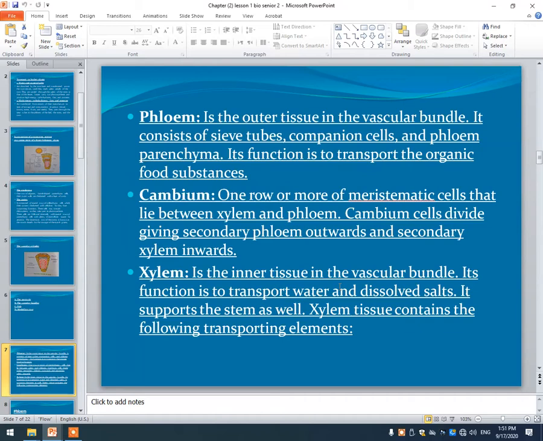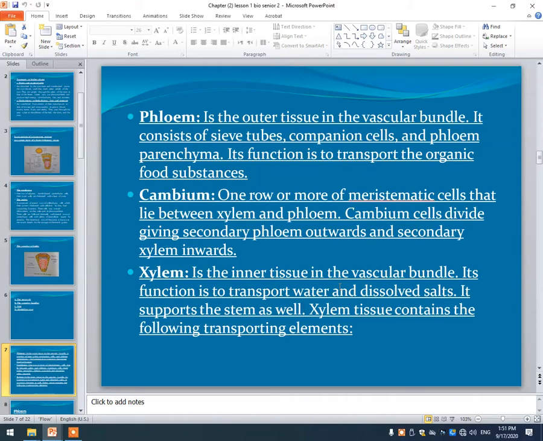I think you have studied before in senior 1 the function of phloem. Phloem translocates sugar from the leaf down to the stem and root. It consists of sieve tubes, companion cells, and parenchyma. Its function is to transport sugar from the leaf down to the stem and root.